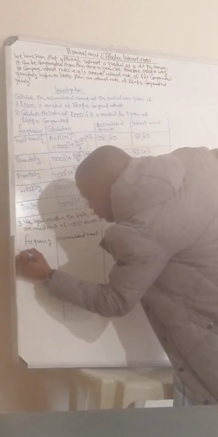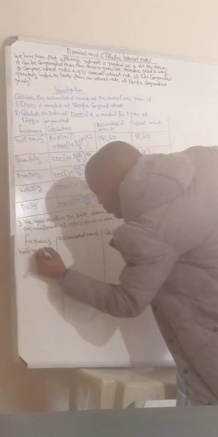Based on that table, let us start with the first entry, half yearly.